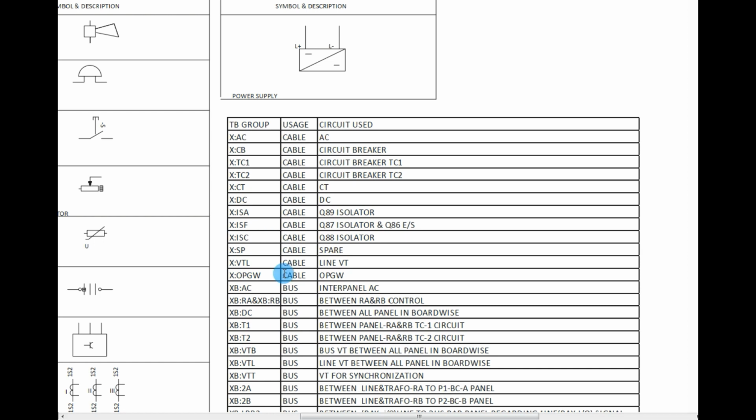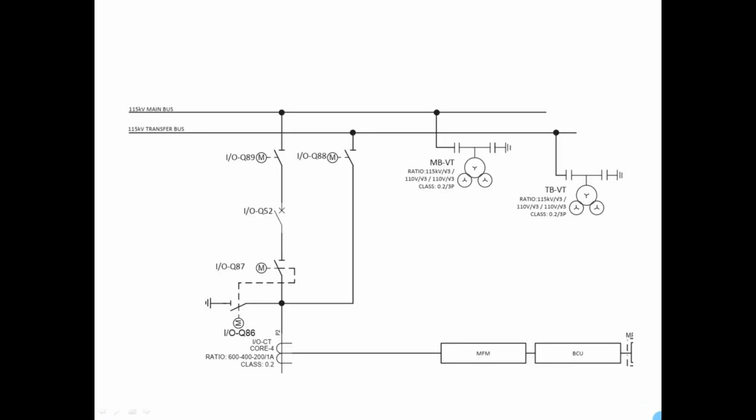Next, if you see the SLD, now we are going to see the SLD. In this SLD, the incomer is connected to the main bus or the transfer bus, as shown here. If you connect to the main bus, it is connected through breaker Q52 and two isolators, Q89 and Q87.